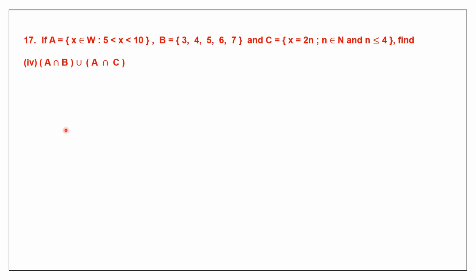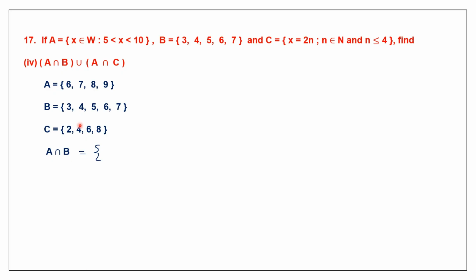Fourth one here is we have to find the union of two sets A intersection B and A intersection C. So once again, let's write out the elements of A, B and C. Now first let's find out A intersection B, the elements. So A intersection B means only the common elements here. So let's begin to look for the common elements.